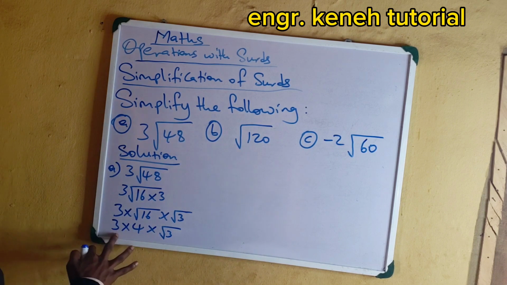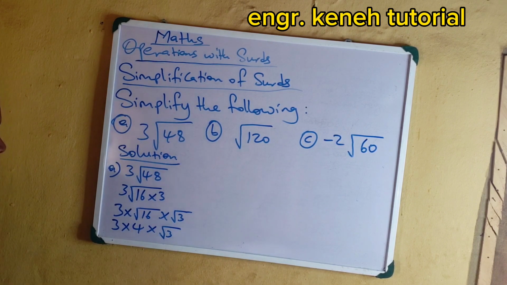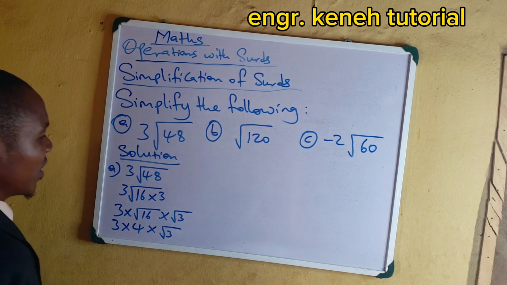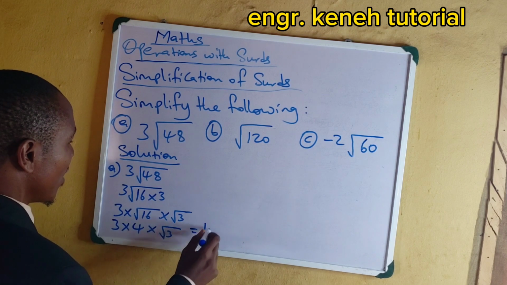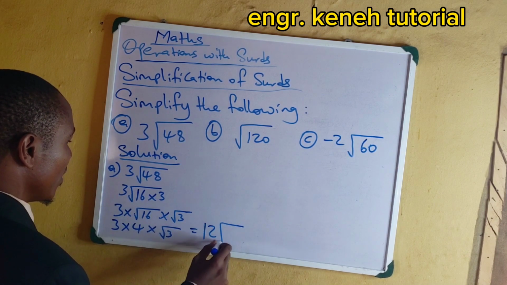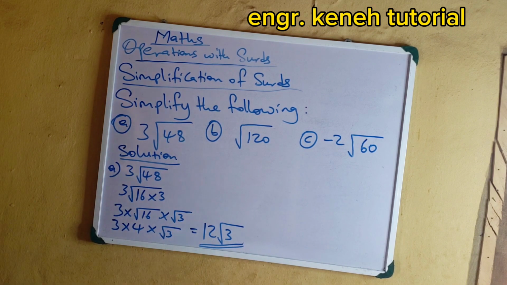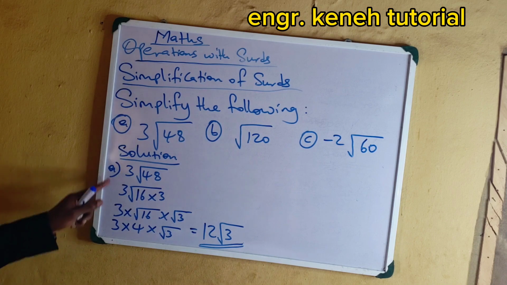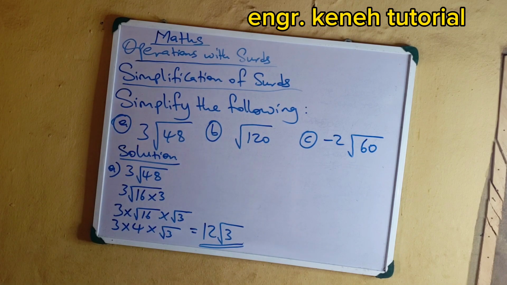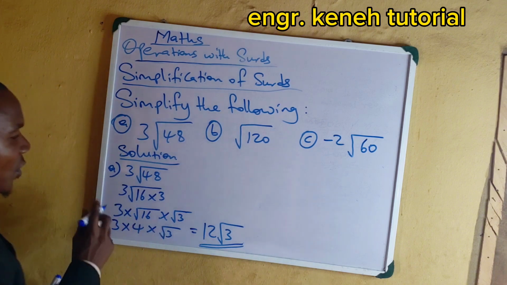So I will now say 3 times 4 will give me 12. So I will have 12 root 3. I have simplified the surd. When you simplify this, you are going to get 12 root 3. All right, so that's for number A.